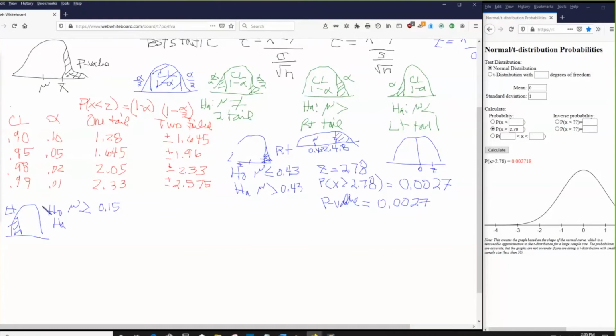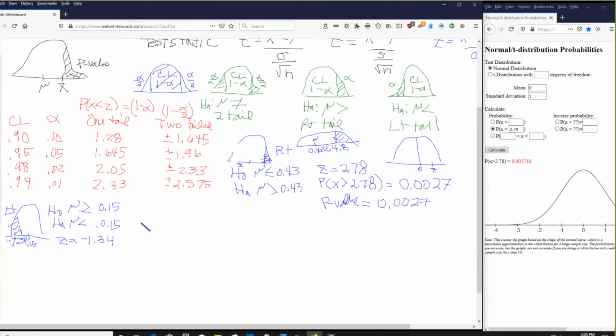So with this one, we're going to say our mean right here is 0.15. Our alternative says that it's going to be less than 0.15. From the data, we're given an initial z-value. We're going to calculate a minus 1.34 as our z-value. And then we want to know what is the probability that that mean is going to be in that shaded area.